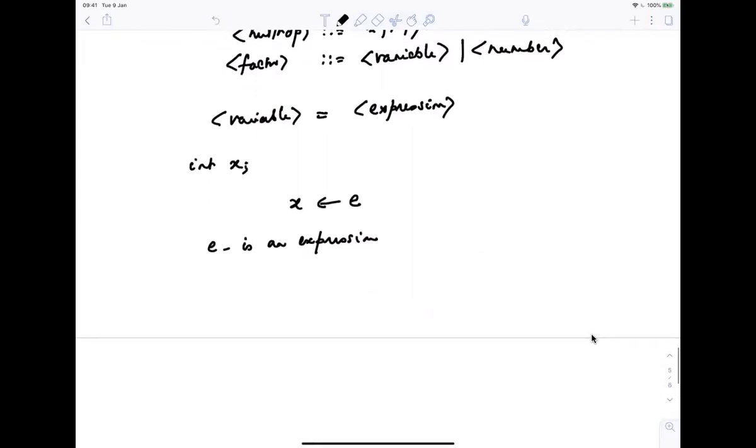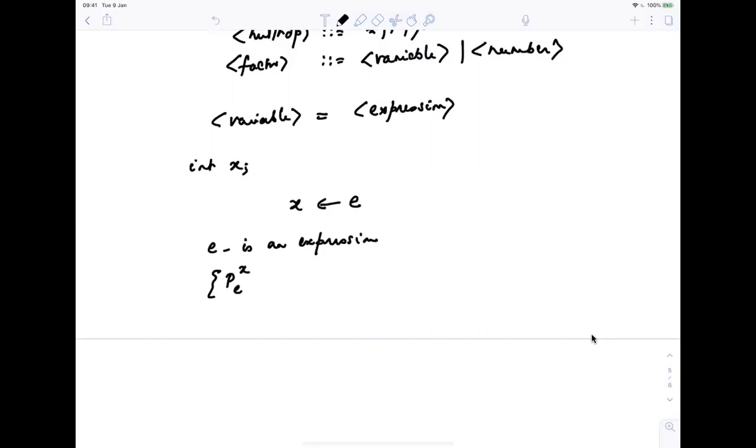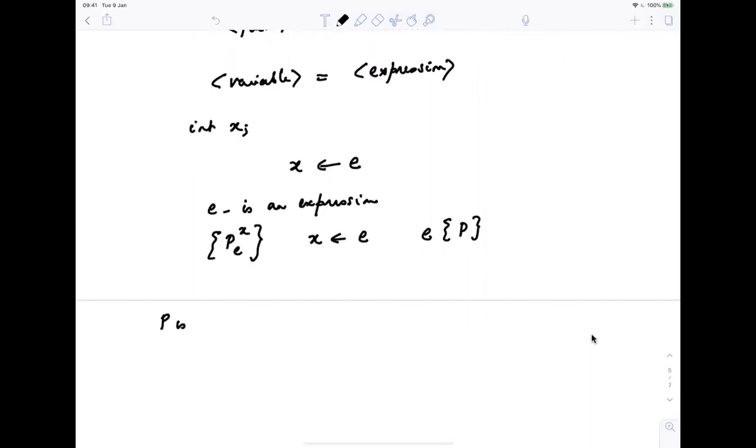Then basically it sets x to e. Now we write the precondition as P e x, the precondition before the expression was executed, and x is assigned the value of the expression e. I'll tell you what this notation means. What this means is P is true for e before the assignment is made.